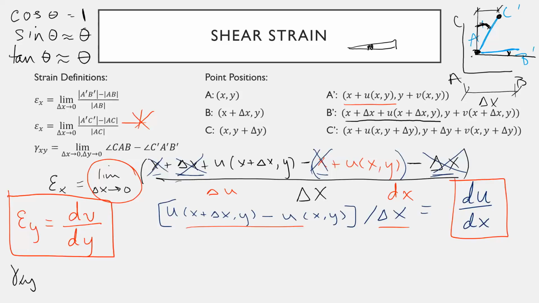So our strain xy as the limit delta x, delta y go to 0 of, so C prime, x component is this here. So we have x plus u of x comma y plus delta y. And then subtract from that the x component of A prime, which I've underlined in red.